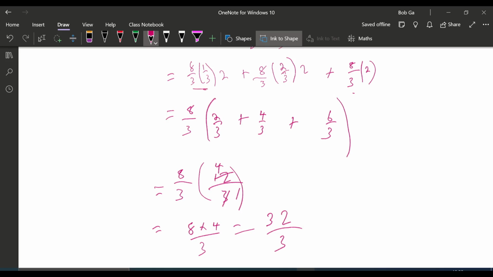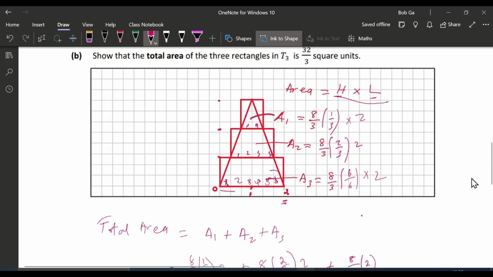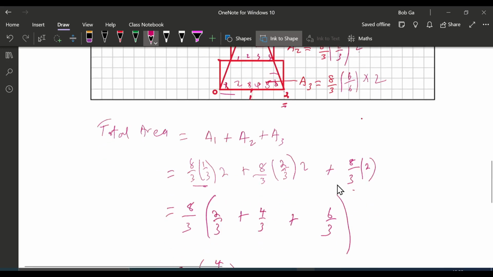This is A1, and then we go to the second one, which is 8 over 3 times 2/3 times 2, which is what we're representing here. And then the last one, which is 8 over 3 times 6 over 6, which is 1, times 2. That gives us 8 over 3 times 2, which is what we have here.